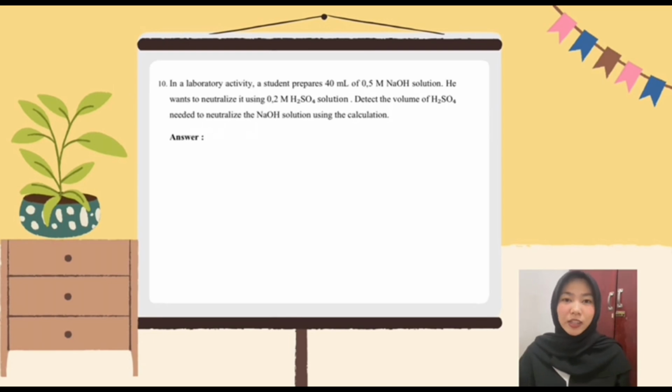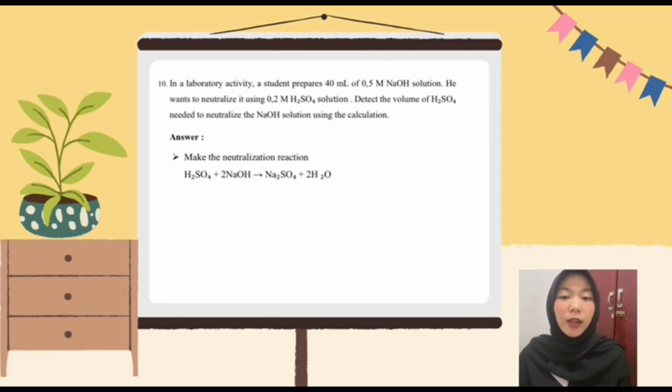Next, for question number 10, we can make the neutralization reaction, namely H2SO4 plus 2NaOH produces Na2SO4 plus 2H2O.